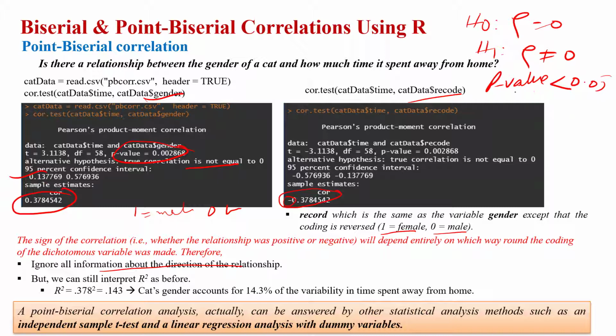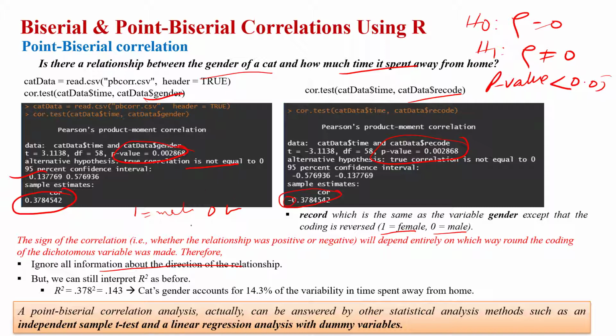Because this p-value is less than 5%, we say there is a significant relationship between the gender of the cat and the time spent away from the home, which means one gender is spending more time out of home compared to the other. So based on this p-value, we are saying that there is a significant relationship between the gender of the cat as well as the time spent away from the home.